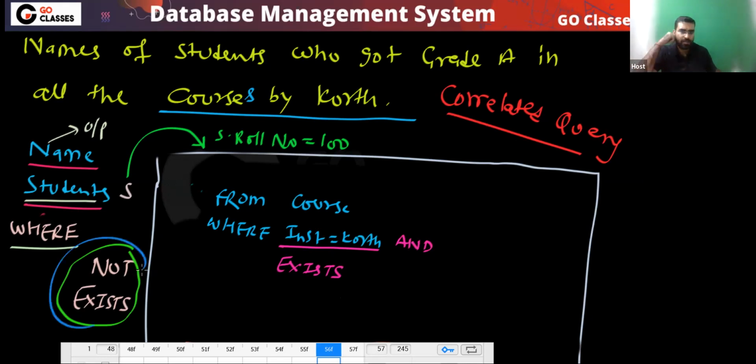But actually, because I'm putting not exist here, I'm looking for those not exist and grade is not equal to A. Yes, so actually I should look for not exist.